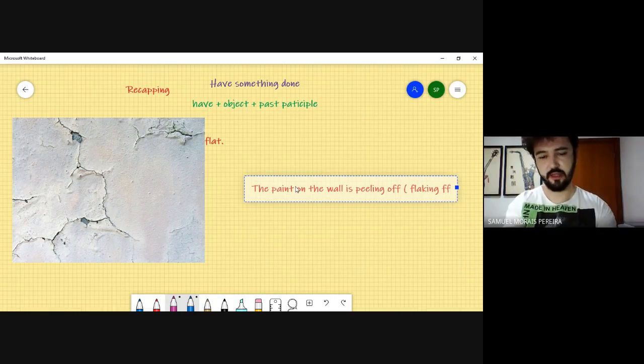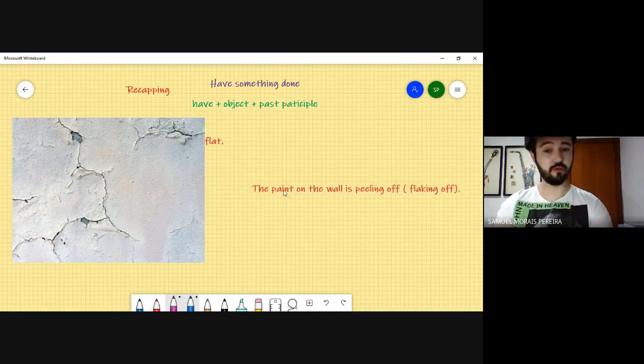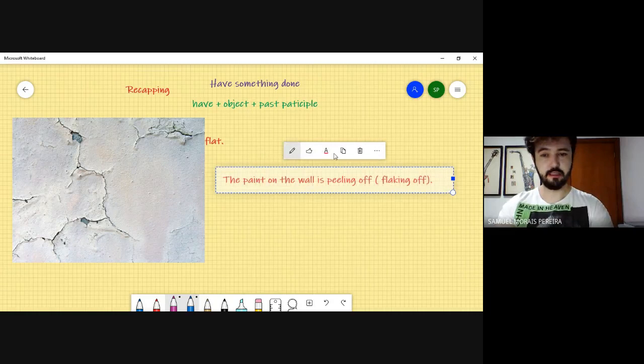I'm just teaching you vocabulary first, okay? So peeling off or flaking off. I think you understand that peeling off é descascando, soltando pedaços, tá bom? So this is the problem she is facing.